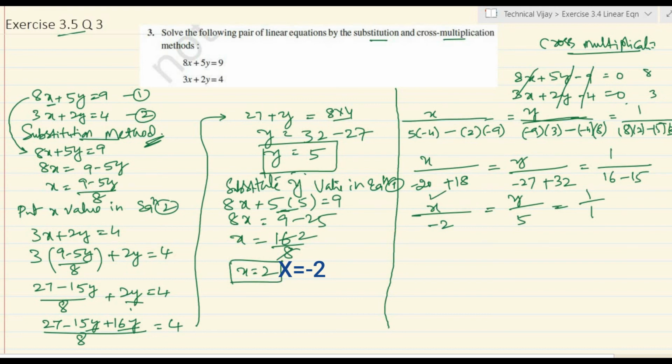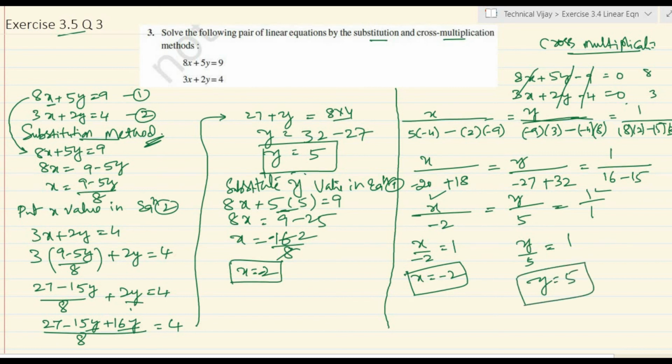So this we will equate for finding x value. X divided by minus 2 is equal to 1. So x is equal to minus 2 into 1, minus 2. Now we have made a mistake here. This is minus 16, minus 16 divided by 8. So x is equal to minus 2. So this is minus 2, correct. So y divided by 5 is equal to 1. So y is equal to 5. So now both are correct.